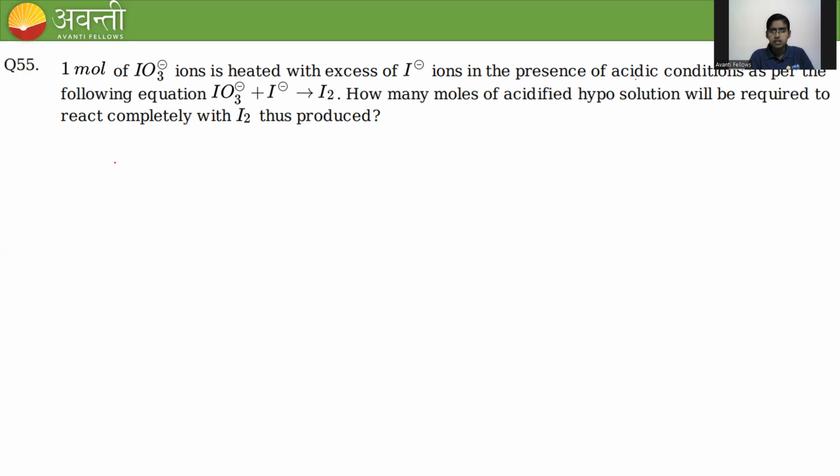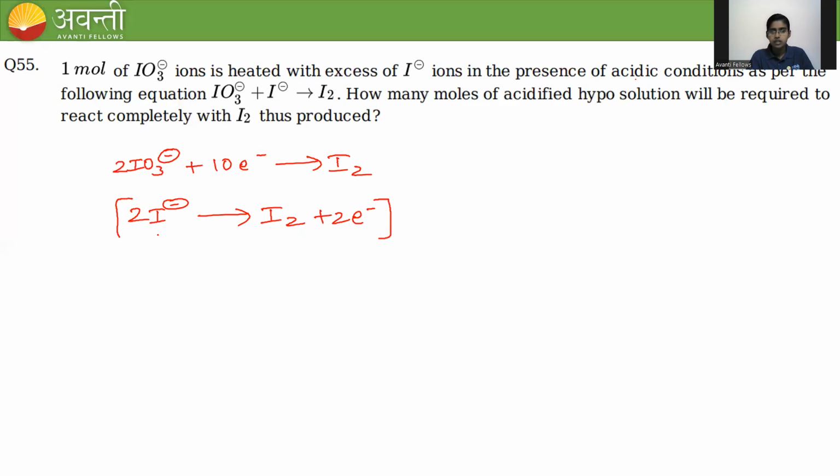So here, 2IO3 minus reacts with 10 electrons to give I2. Okay. Now 2I minus gives I2 plus 2 electrons. Now if we multiply this equation by 5, we will get 10I minus giving 5I2 plus 10 electrons, right?